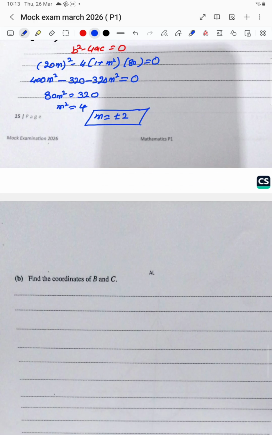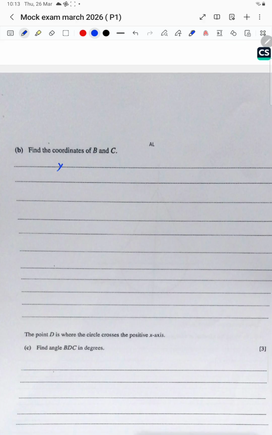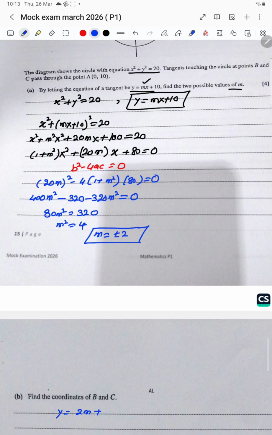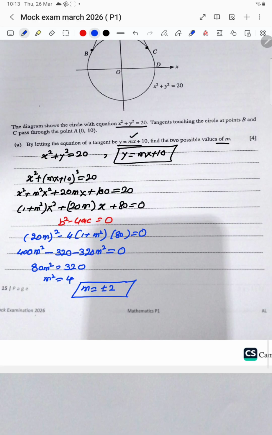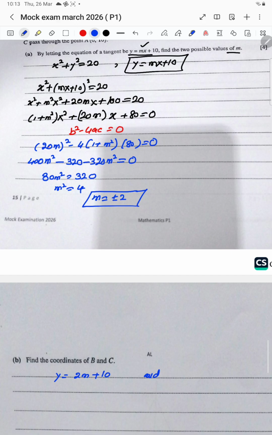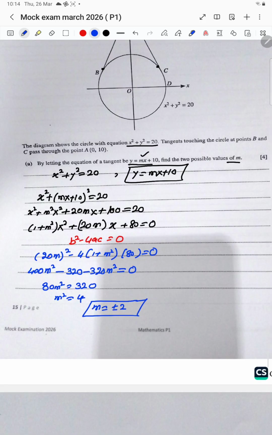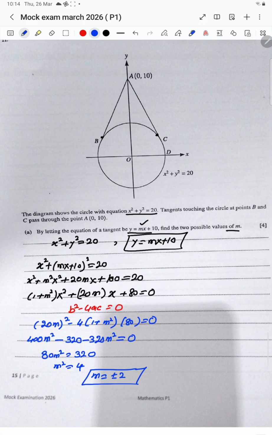the line. Now the line for B and C, the tangent line, becomes y equals 2m plus 10, and this is positive, so I can say this is the tangent line AC, and BC will be minus 2m plus 10, because B is lying at the left of the origin, so I can say this point is minus 2, and here it is 2.